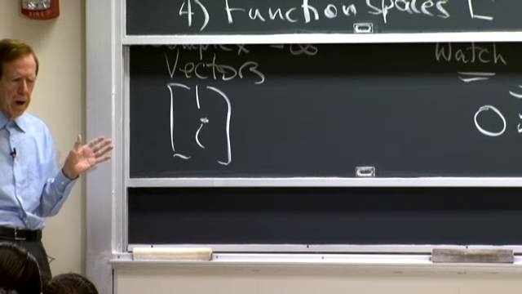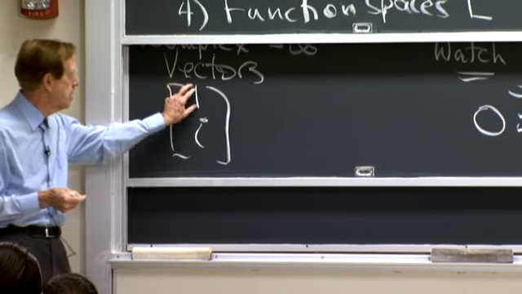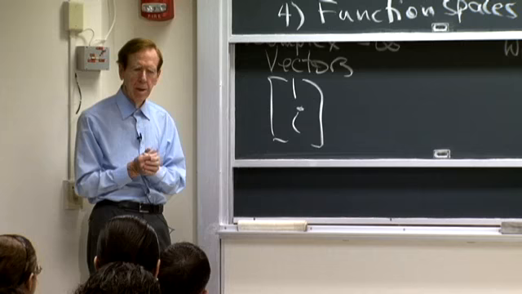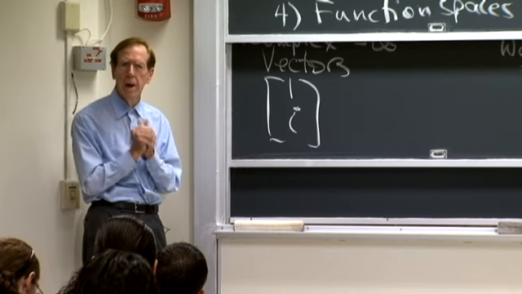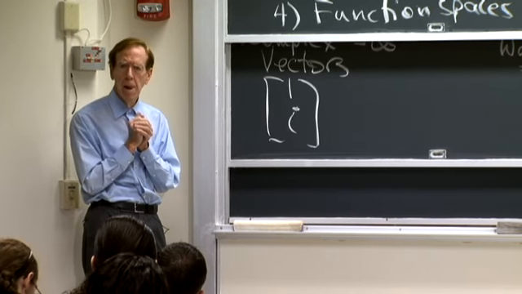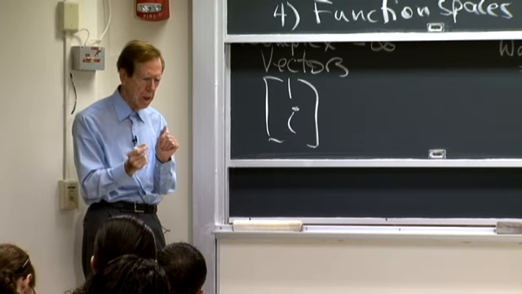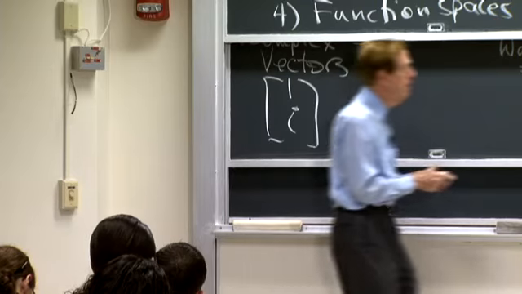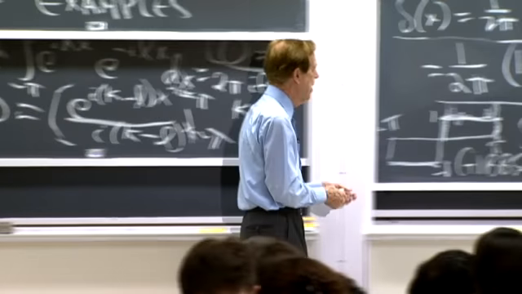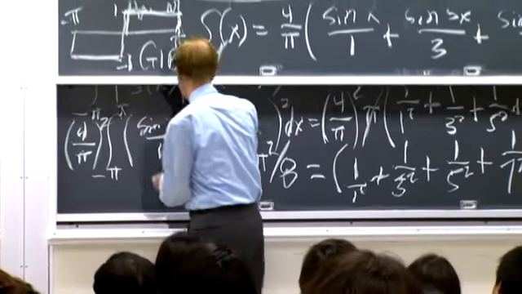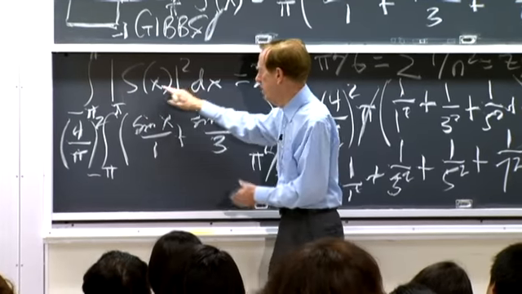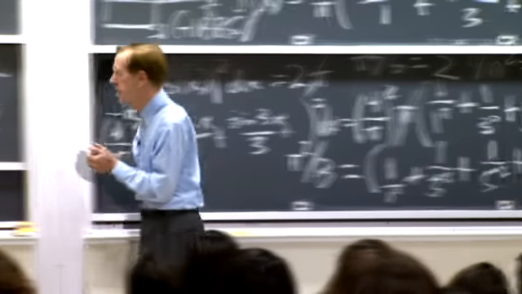Usually the length squared would be 1 squared plus i squared. No good. Why no good? Because it's 0. 1 squared plus i squared is 0. We want absolute values squared. We need a positive number here.